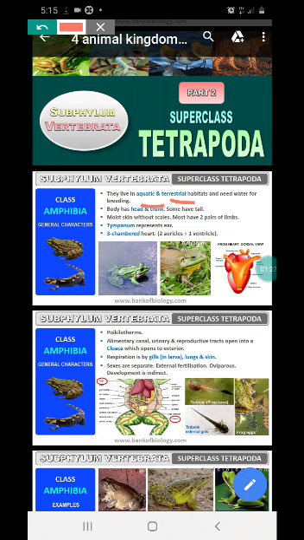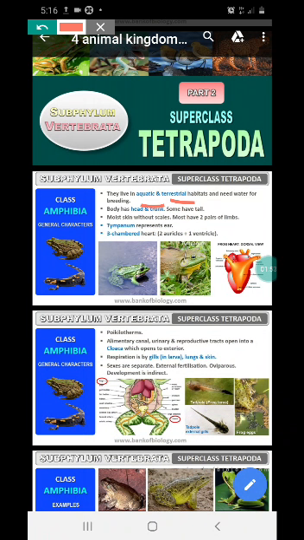Just at the back of these eyes you can find a patch-like structure which represents the ears or tympanum. Clear? Unlike fish, whose body is covered by scales, here the skin is not covered by scales, but it is moist and not very smooth.